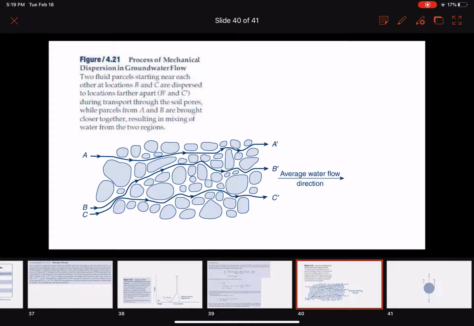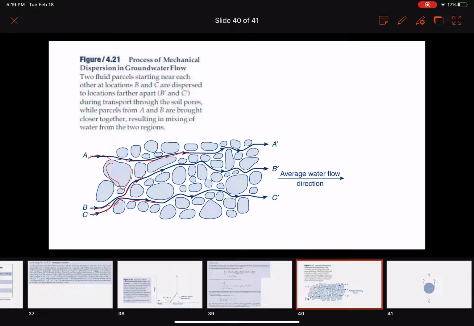Okay, since we are doing this diffusion flux, now let's talk about dispersion. Assume that you have rocks and the water is moving through these rocks. Assume that you have two fluid parcels starting near each other at locations B and C, and at the end they will be dispersed. One of them goes to the left and one goes to the right, to different locations, B dash and C dash.